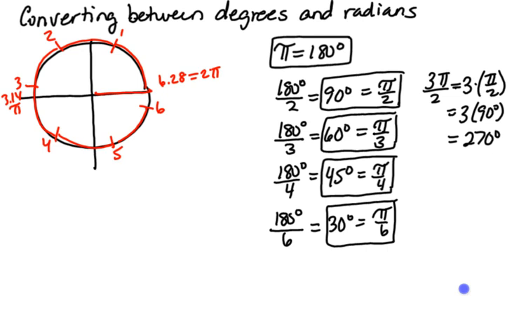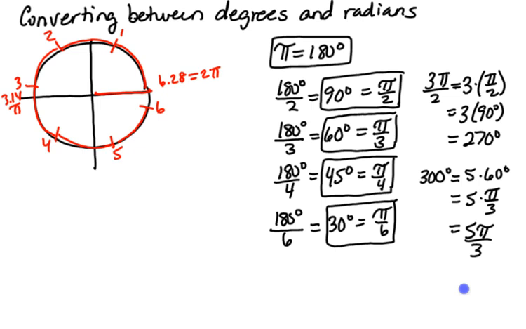Or maybe I want to find 300. 300 is equal to 5 times 60, which is 5 times pi over 3, so that's 5 pi over 3. So I can use those ratios back and forth to figure out the special angles.